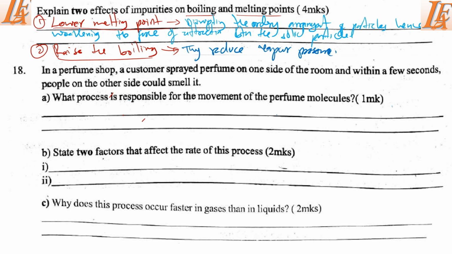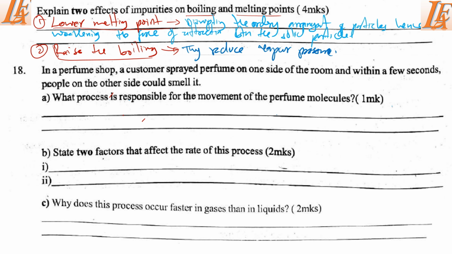Question 18. In a perfume shop, a customer sprayed a perfume on one side of the room, and within a few seconds, people on the other side could smell it. What process is responsible for the movement of the perfume molecules? For perfume molecules to move, they must move from where they are highly concentrated to where they are lowly concentrated.